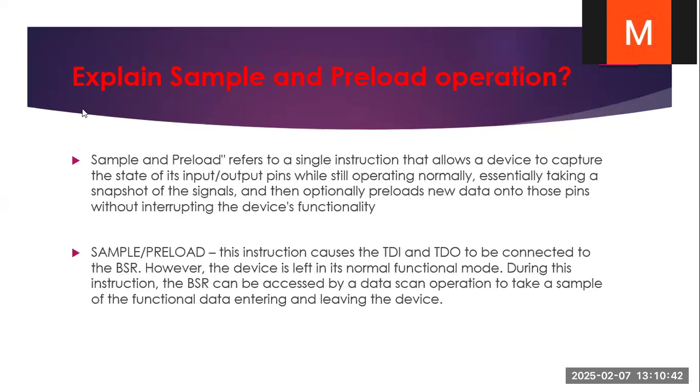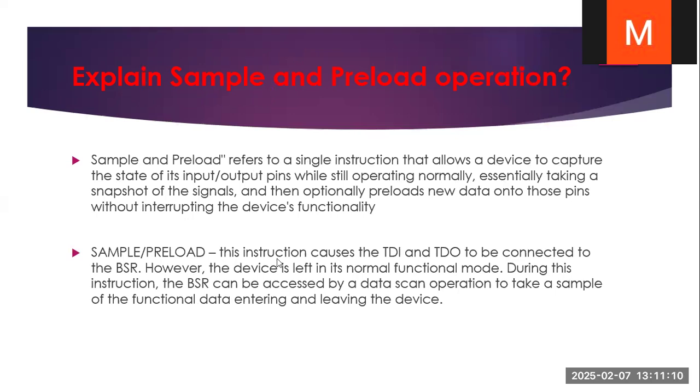Next question is, explain the sample and preload operations. Sample and preload refers to a single instruction that allows a device to capture the state of its input and output pins while still operating normally. Essentially taking a snapshot of the signals and then optionally preloading new data onto those pins without interrupting the device functionality.